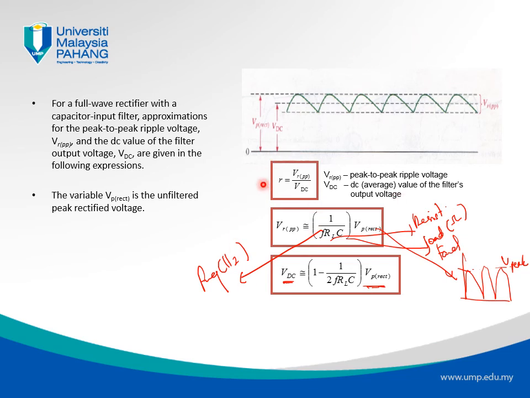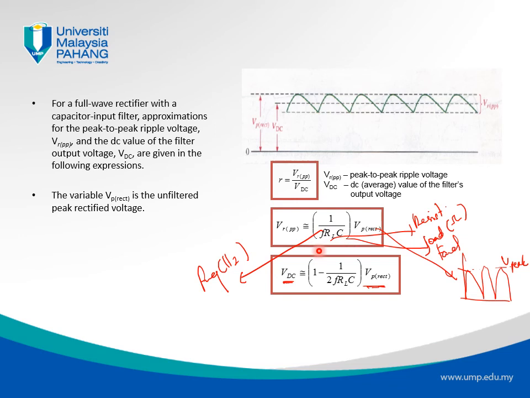If we want to reduce the ripples, it means that we want to reduce the peak to peak ripple voltage. So this is the equation of the peak to peak ripple voltage. If we want to reduce it, it means we have to increase the magnitude of the parameters in here.